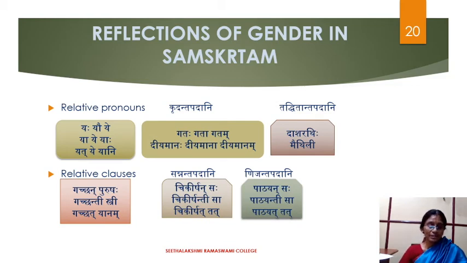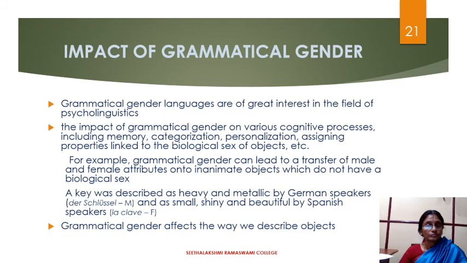So thus we can see that even with these instances, the gender system is vibrant in Sanskrit. Now we have to look into the impact of grammatical gender. Grammatical gender is a very favorite and interesting field for research for the psycholinguists.